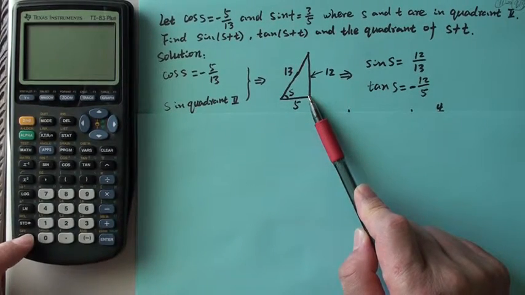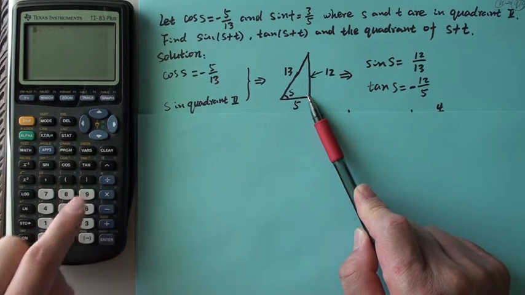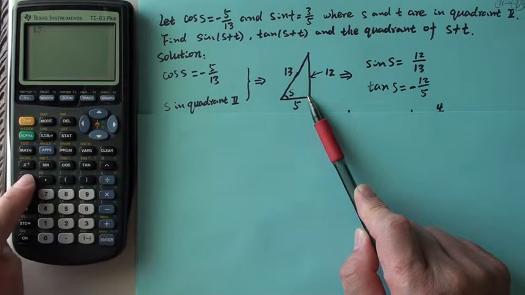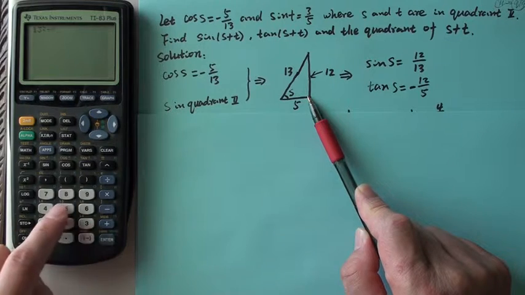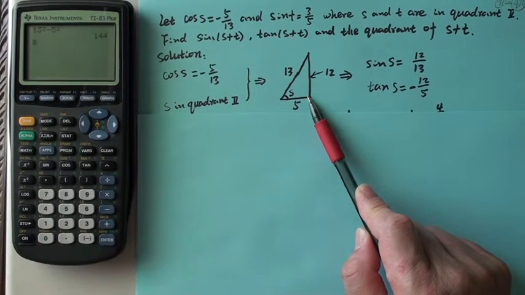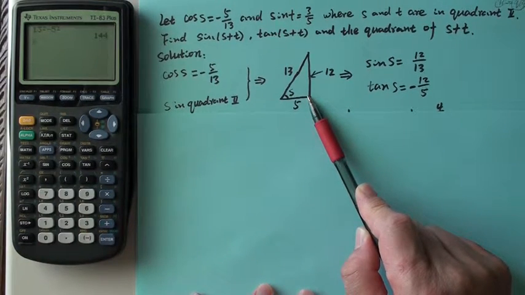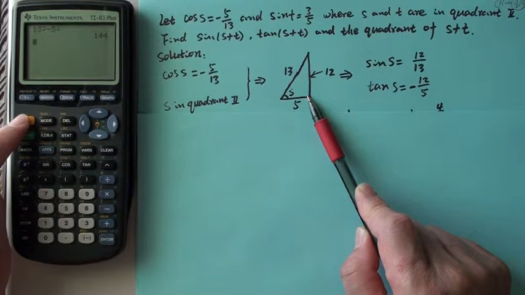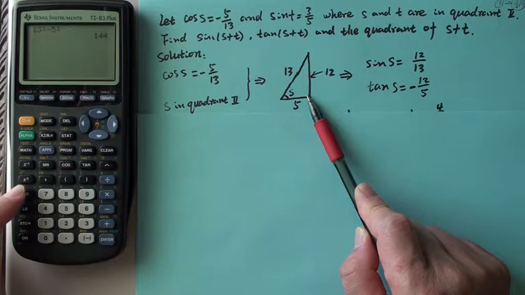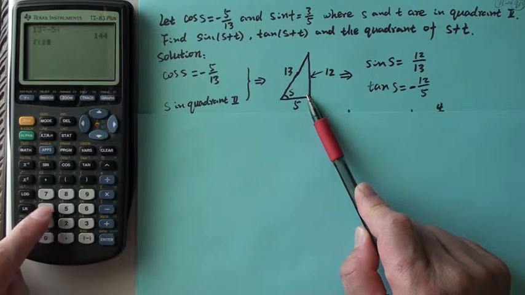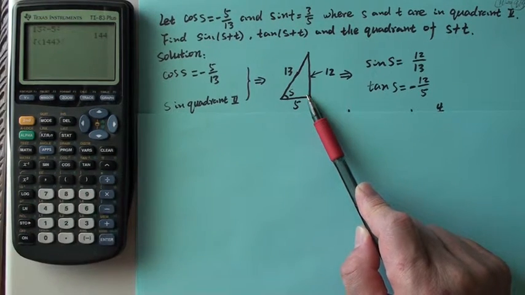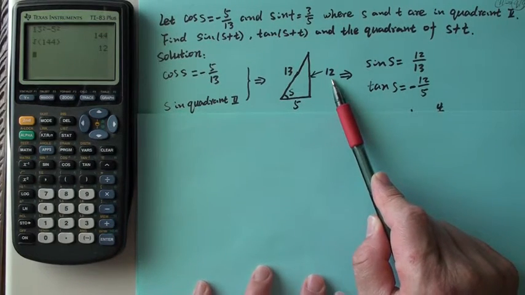You can do it this way. 13 squared minus 5 squared is 144. If you take the square root of 144, close parenthesis, hit enter, it's 12.